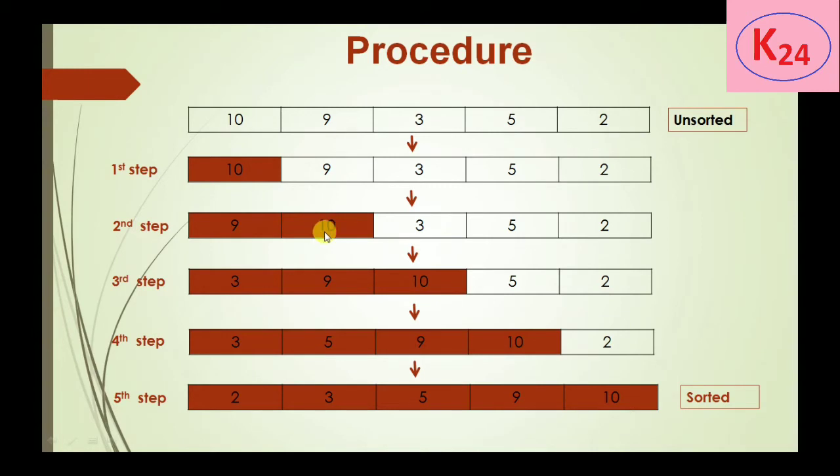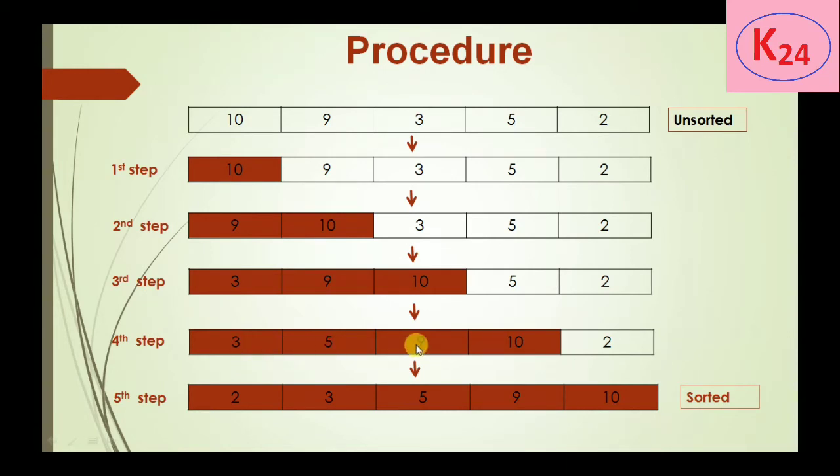Now we will take the third element, 3, and compare it with 9 and 10. It will interchange with 9, and 9 will shift to the right-hand side. So the sorted list is 3, 9, 10. Now the next element, 5, is compared with all these elements and, according to their order, placed at the second position.